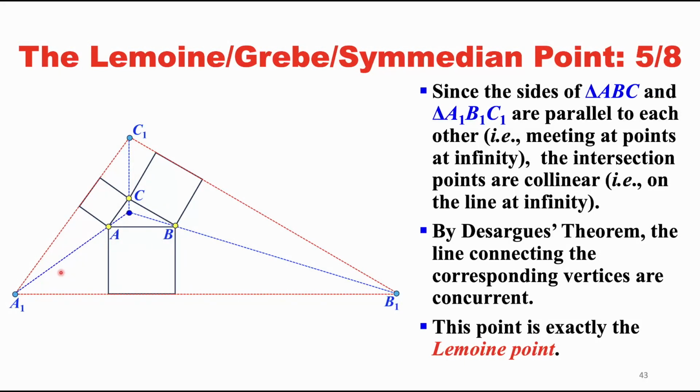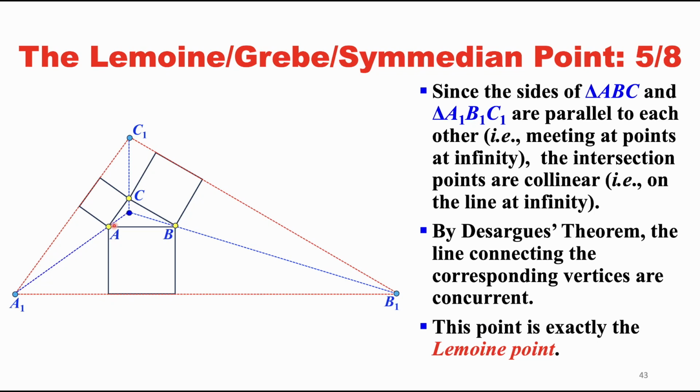Similarly, AB and A1B1 are parallel. As a result, they meet at a point at infinity. By the same reason, the sides BC and B1C1 also meet at a point at infinity.